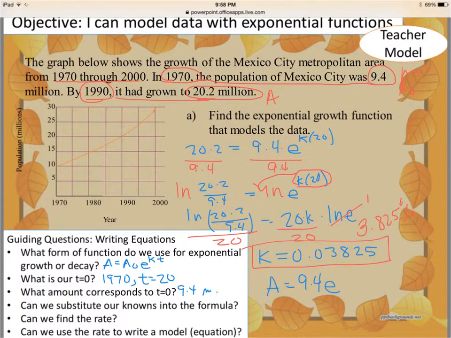Base e, and then our rate times our time. So I'm going to put 0.03825 times t. So that is our exponential growth function for part A.